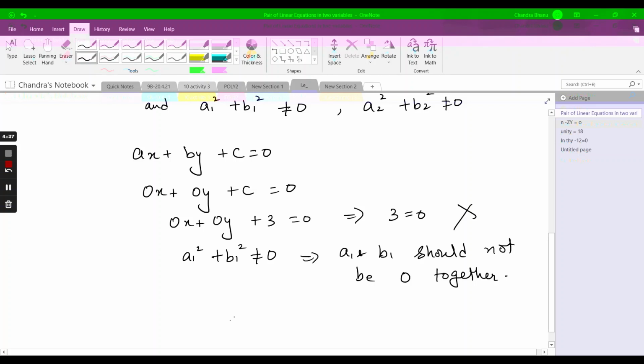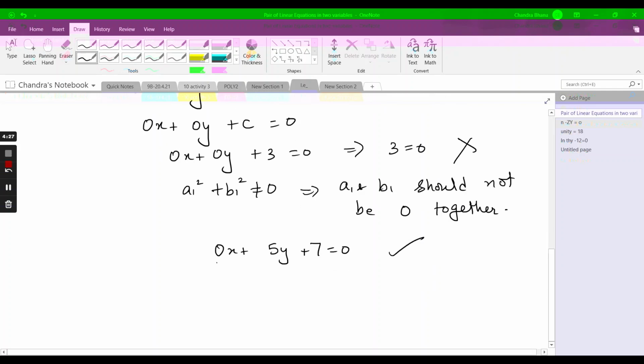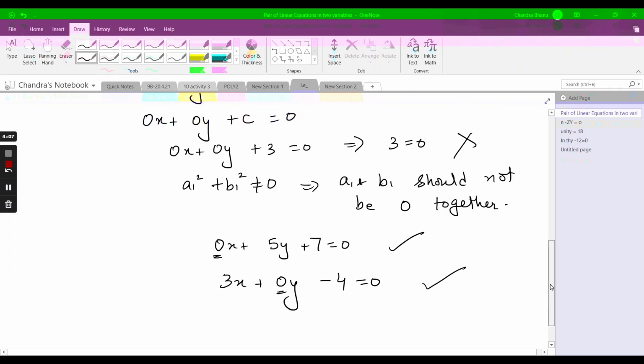Okay, so any one can be 0. If I say 0x plus 5y plus 7 is equal to 0, yes, fine, this is a linear equation in two variables, because I have two variables, and since a can be a real number, it can be 0 also. I can also say 3x plus 0y minus 4 is equal to 0. So yes, this is a linear equation in two variables, because here b is 0, which can be a real number. So both of them together cannot be 0.